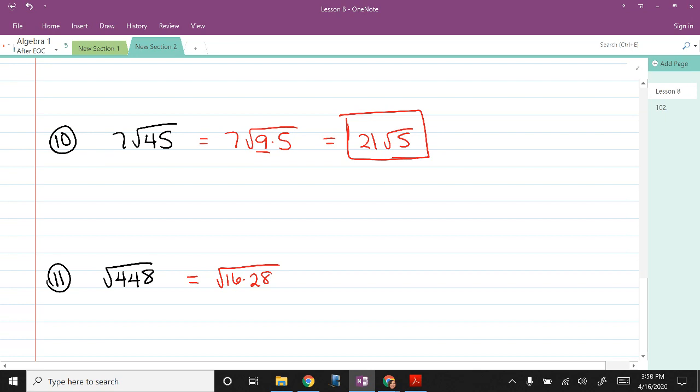And the square root of 16 is 4, so I pull that outside. 4 radical 28. I already know that my number is not simplified yet because 28 has a perfect square that goes into it, because I know 4 goes into that, right? So 4 radical 28 is 4 times 7.